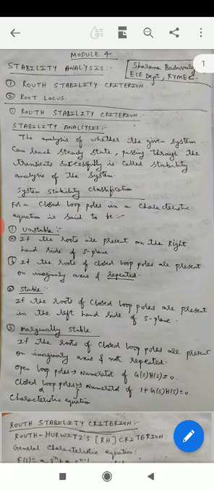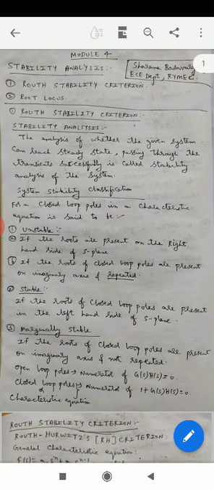If there are two roots, one of the poles is present at plus 3j, the other one is present at plus 2j. These two are different. So if the roots are different on the imaginary axis, that is, they are not repeated, then the system is said to be marginally stable.